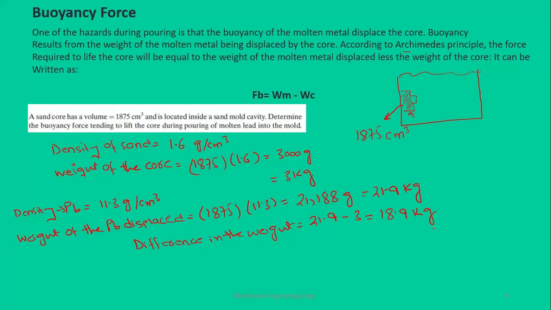So the force exerted by this, as we know that 1 kg equals 9.81 newtons, the buoyancy force exerted by this weight of the lead would be 9.81 into 18.9, and that makes up 178.4.